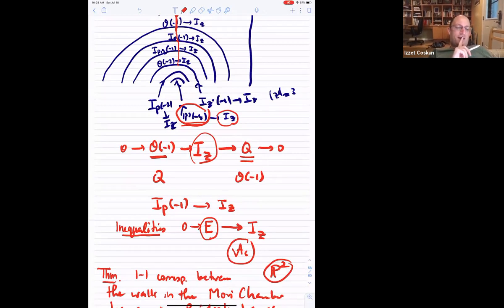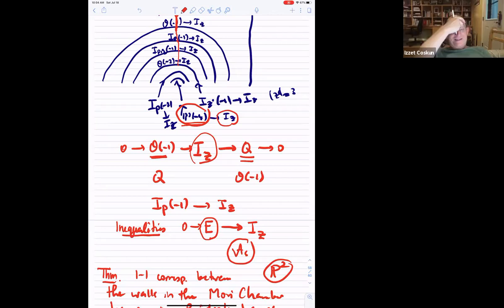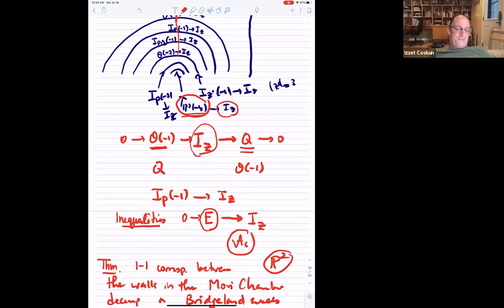In the K3 case, there are some other things that can happen. For instance, I think there are examples where the moduli space is not changing, but the universal family is changing. That's your totally semi-stable wall. There are some other interesting things happening.